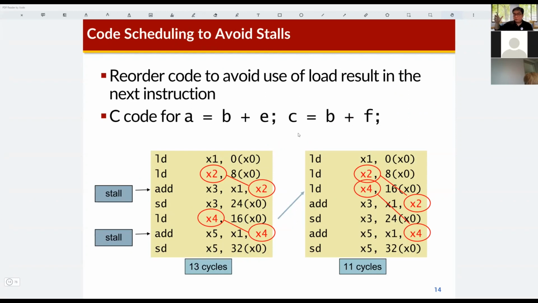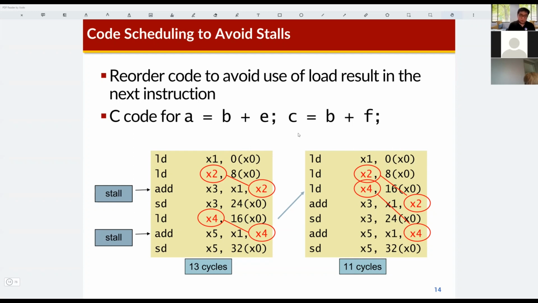But actually the application has many instructions. So if we find an independent instruction within the basic block, then we can reduce the clock count for this instruction. And then this is the example.